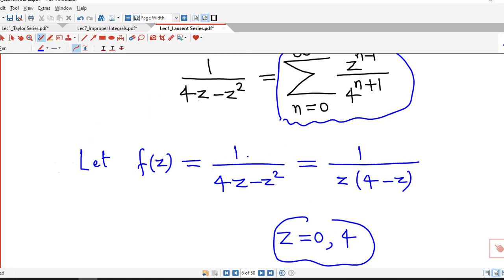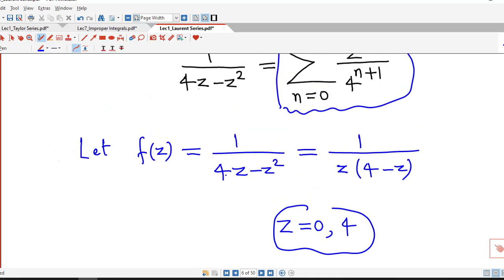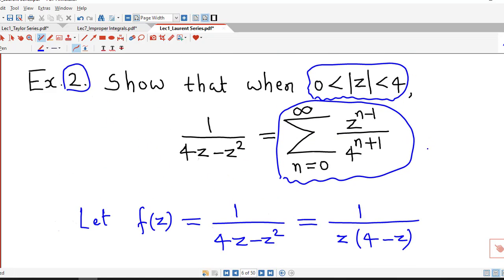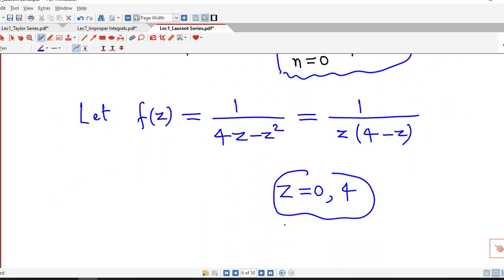So we cannot say that this is the Maclaurin series of this function, because this series is in powers of z. We might have confusion that it is the Maclaurin series, but because our function is not analytic at z equal to 0, we cannot say that the function is analytic in the open disk with center z equal to 0 and radius r.